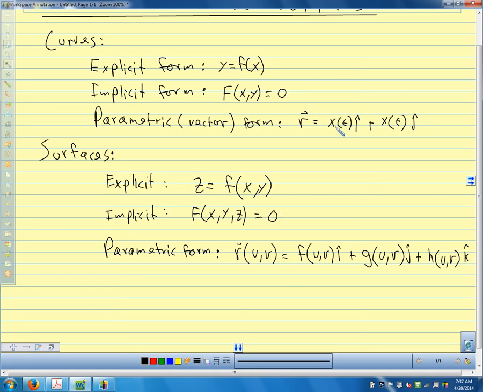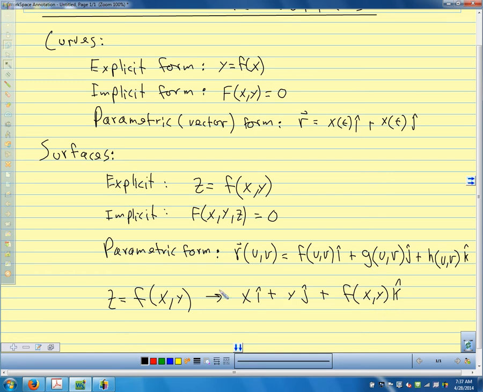And if we have our surface in explicit form, z equals f of x, y, our parametric form would be x i hat plus y j hat plus f of x, y k hat. That would be a parametric representation of this surface z equals f of x, y. So cylindrical, spherical coordinates, and when we have our surface in explicit form, we can always write it this way.